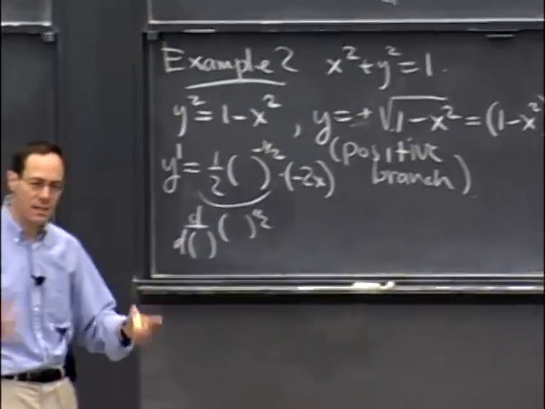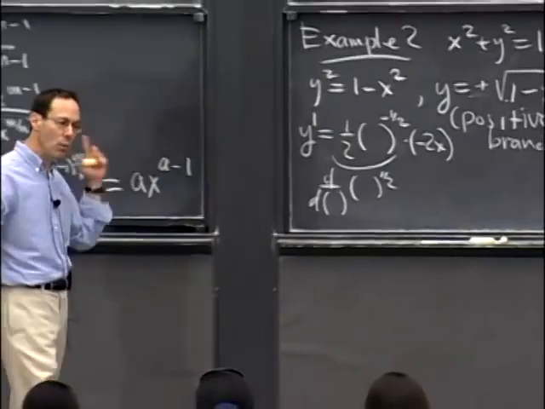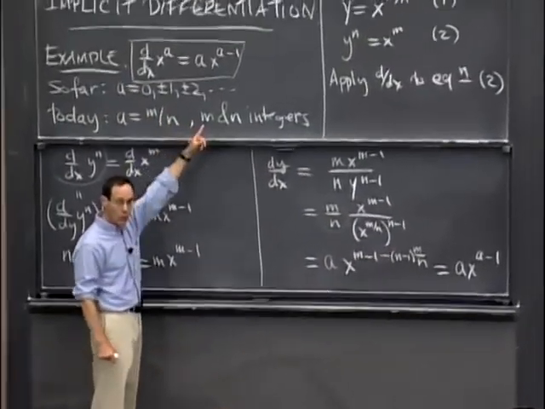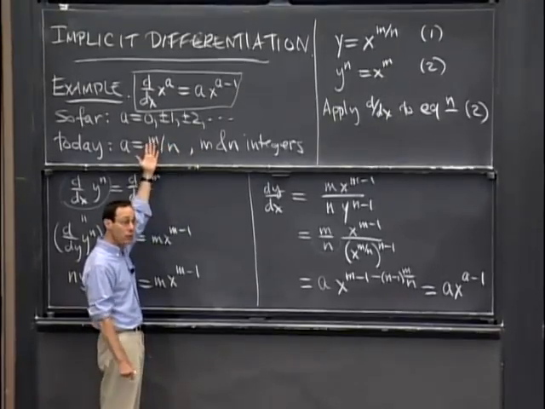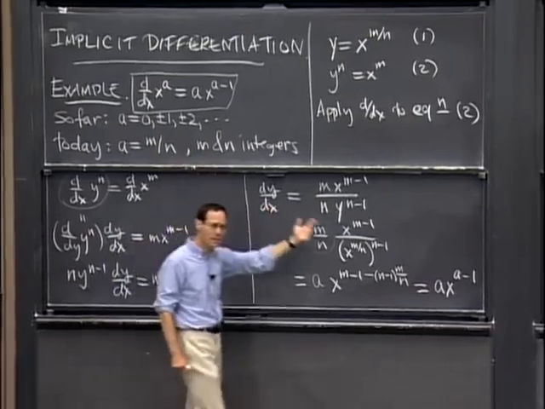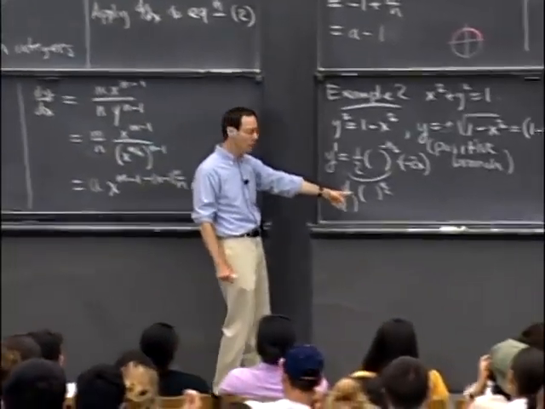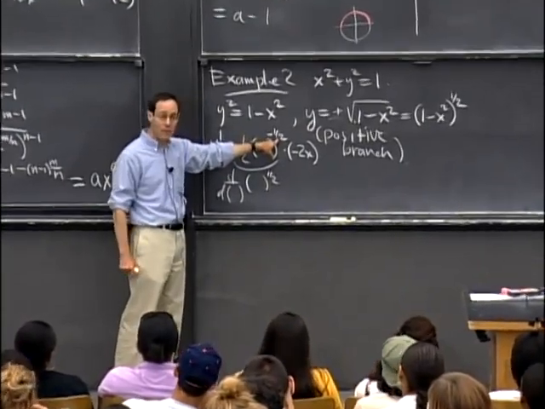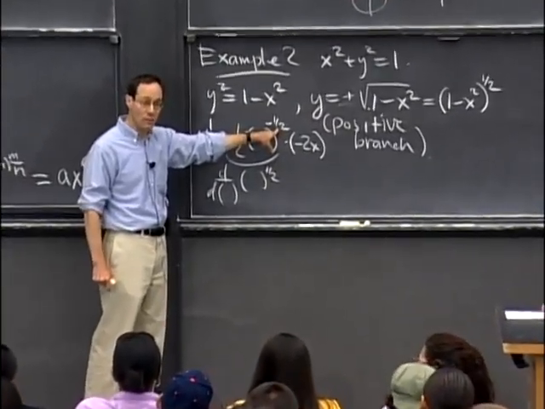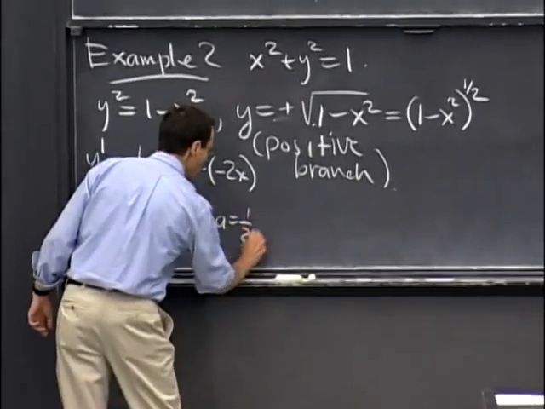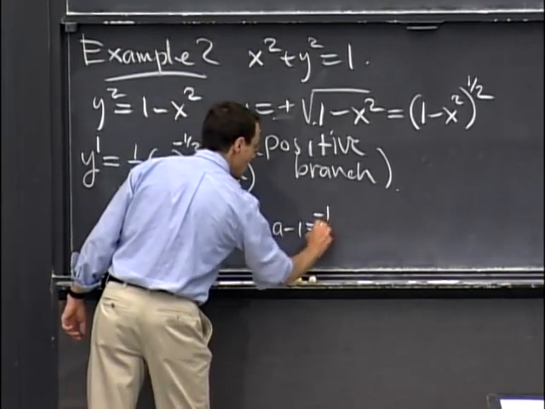We couldn't have done this example 2 before example 1 because we needed to know that the power rule worked not just for a integer, but also for a equals 1/2. We're using the case a equals 1/2 right here. It's 1/2 times, and this minus 1/2 here is a minus 1, right? So this is the case a equals 1/2. A minus 1 happens to be minus 1/2.